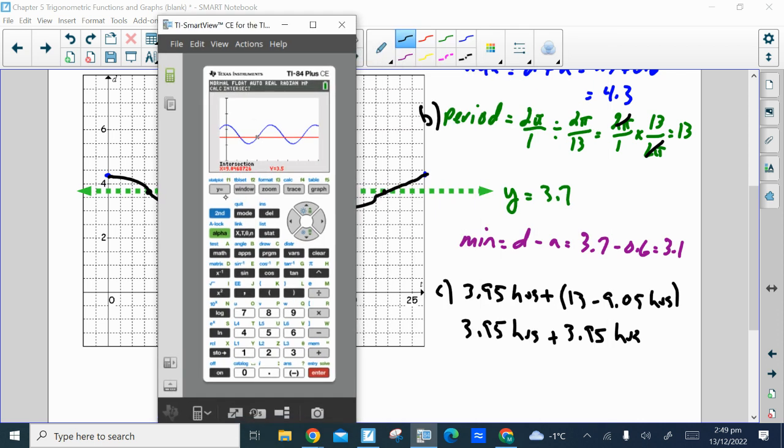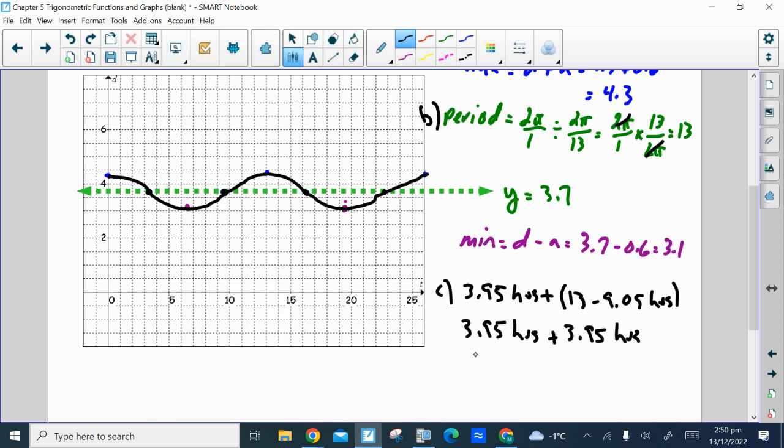So again, it's not a coincidence there, but it's only in this case also because this graph starts at the maximum. If this graph had been shifted over a little bit, then we probably wouldn't be getting those same two numbers. So you always got to use your calculator to make sure.